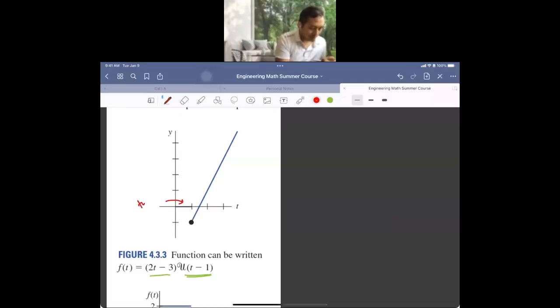This is turned off on the interval from 0 to 1.